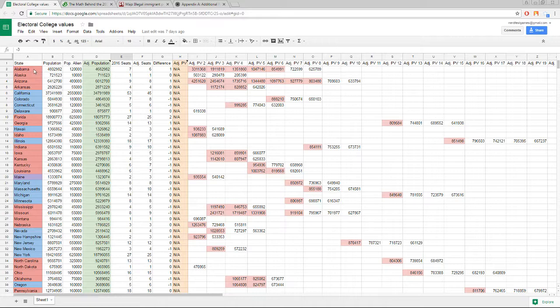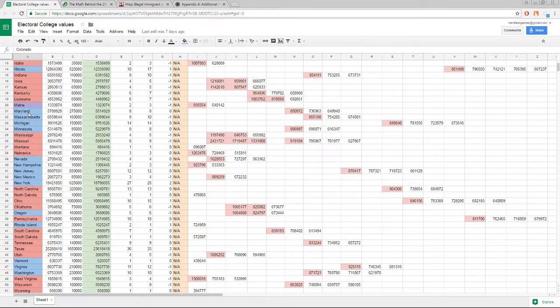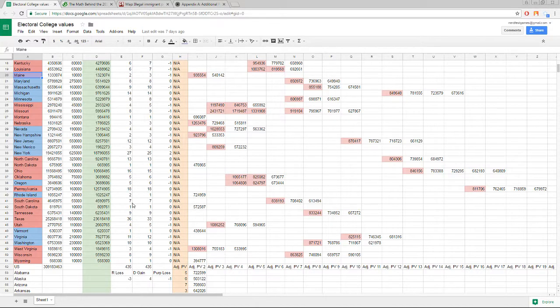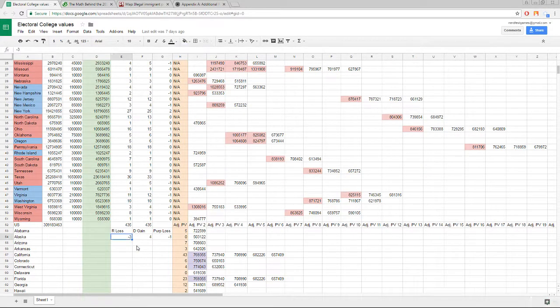Well, if we look at it, I put in red every state Trump won and blue every state Hillary won, and then I put purple for Maine because it was a split state. Trump won 1 and Hillary won 3. Now, the Republicans actually lost 3 electoral votes due to illegal immigrants, and the Democrats gained 4.